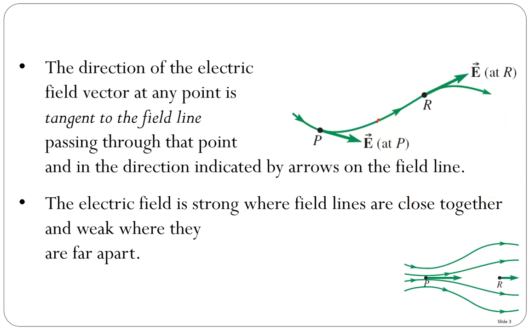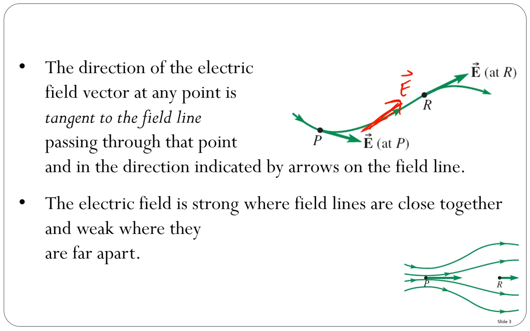At this point right here, a tangent line is like this. And so the electric field at that point is going that direction. So if you have electric field lines, the direction of the electric field line can be read by just looking at the direction of the line at any point. That's the direction of the electric field at that point.